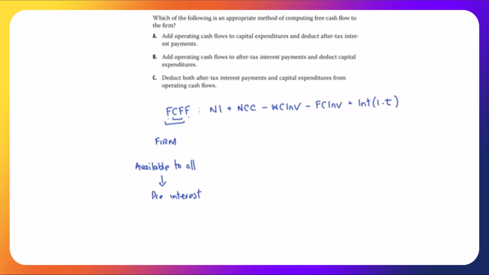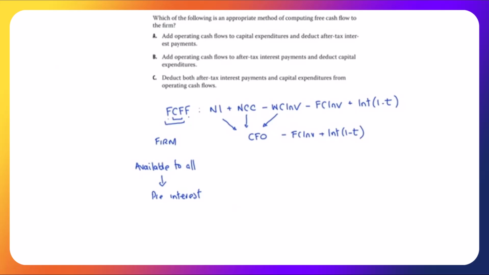That's FCFF. Now we know from our cash flow analysis part 1 that if you take net income, adjust for your non-cash charges and your working capital movements, you get CFO. So those three together give you CFO. You would then simply knock off your fixed capital investment and add back interest.